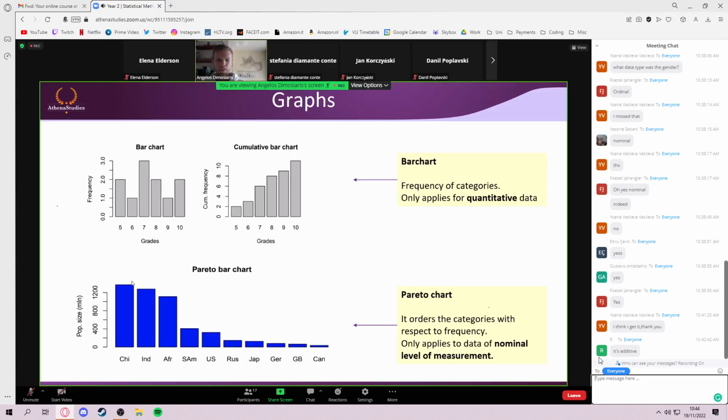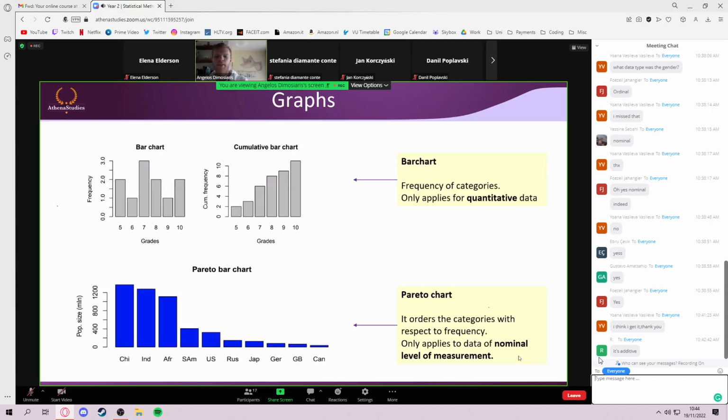You can see that we start from the country or the region, let's say, that has the highest population, then we go with the second one, the third one, the fourth, the fifth, and so on. So it's not like the bar chart here, which is ranking based on the X values. Here it's based on the Y values.